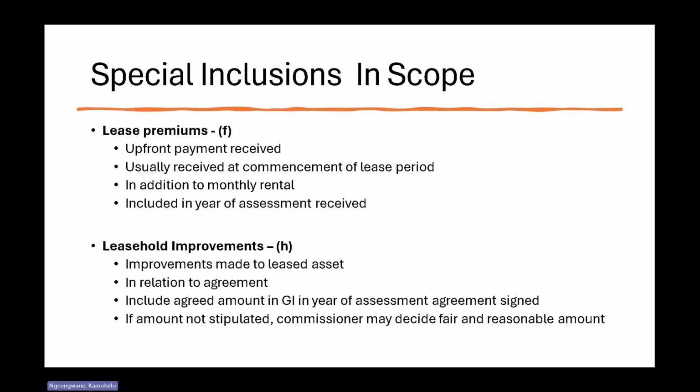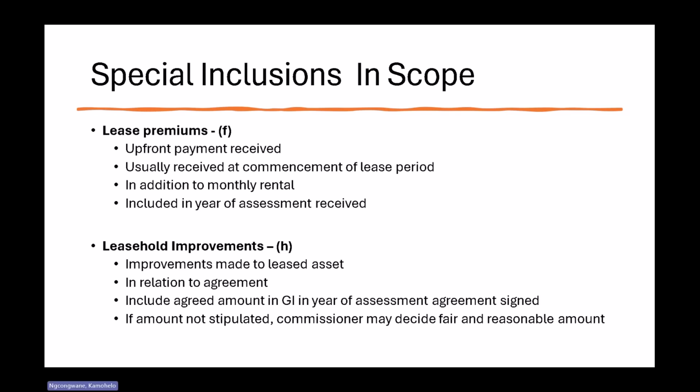So this is not me selling something. The rental payments that I'll get monthly will form part of my gross income because that's rental income. But the upfront deposit is for the right of use of this asset. Therefore, it's of a capital nature. It's not part of gross income. But then subsection F says if you've received this amount, you will include it in your gross income.